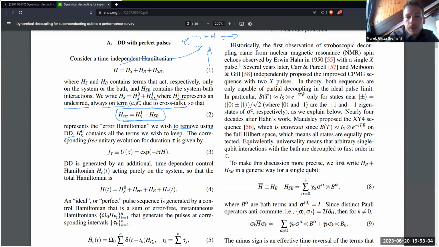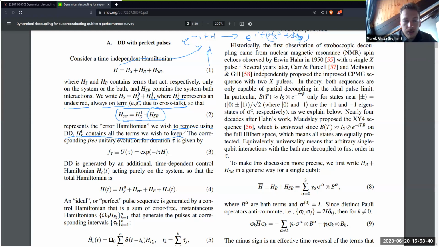But now I want to do something in my system so that I will turn this into iHt as H_S0, which is my desired term, plus H_B, but there's no H_SB, so this kind of factorizes, and at some point you can forget H_B, which means dynamical decoupling is a method that allows you to engineer that desirable portion of the Hamiltonian.